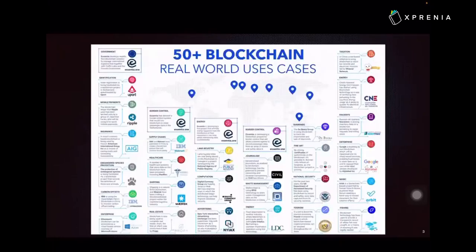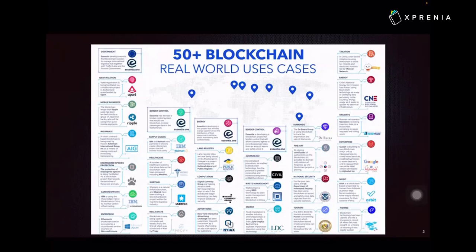So these are some of the real-world use cases, 50 in fact, that use blockchain. As you can see from the slide, they are from many parts of the world and they cover many industries. And some of you might be thinking, how can this be applied to my business?